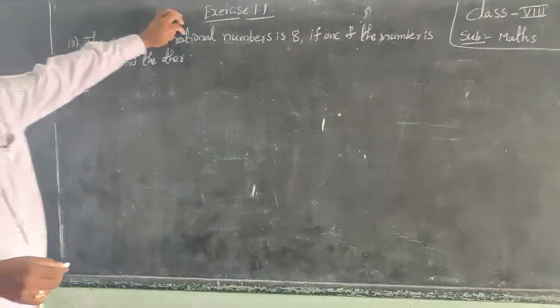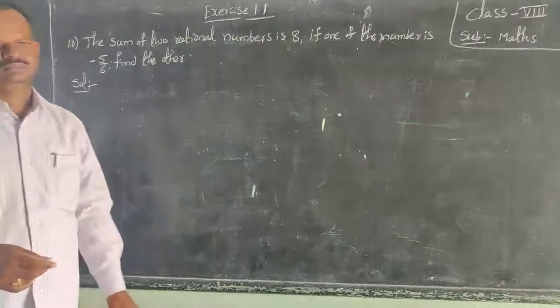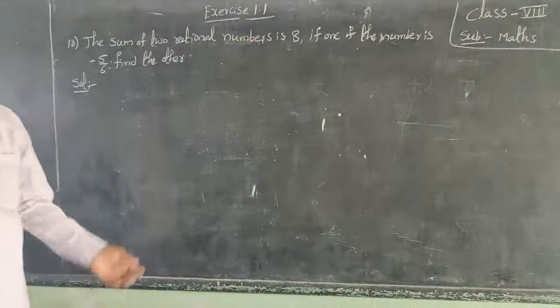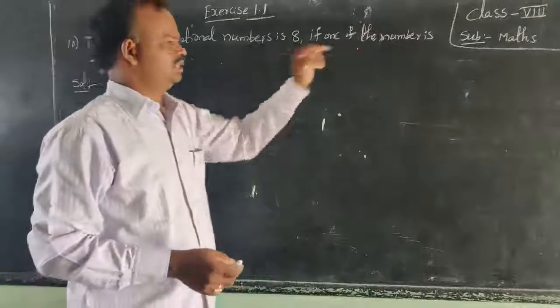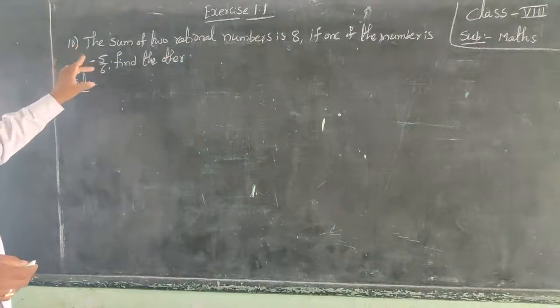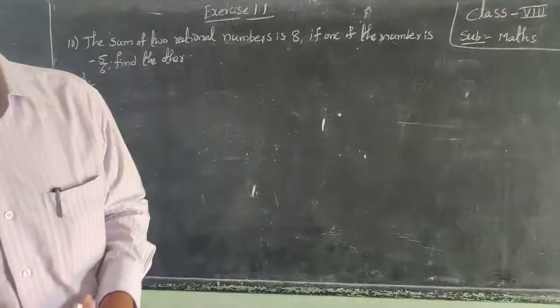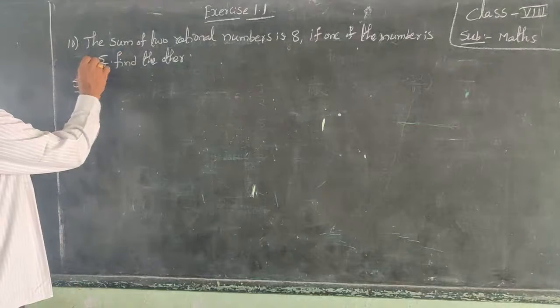The sum of two rational numbers is 8. We are adding the two numbers. The sum is 8. And if one of the numbers is minus 5 by 6, we will find the second number.